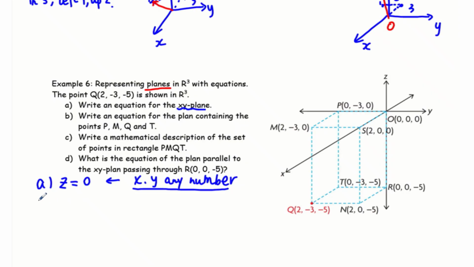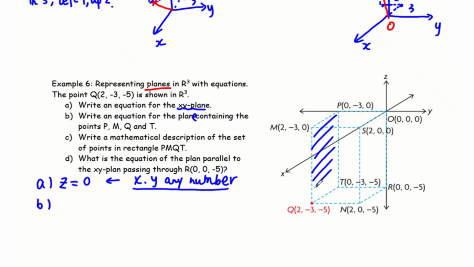And question B. Write an equation for the plane containing the points P, M, Q, T. So this is this plane.